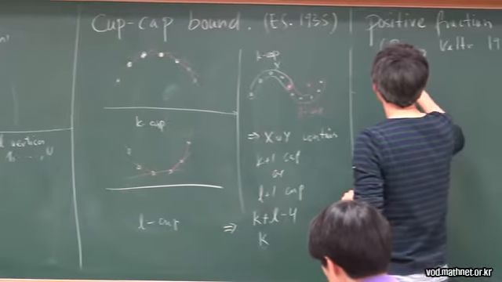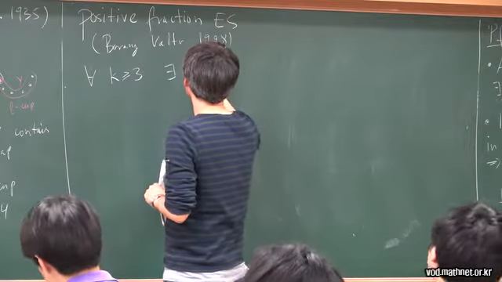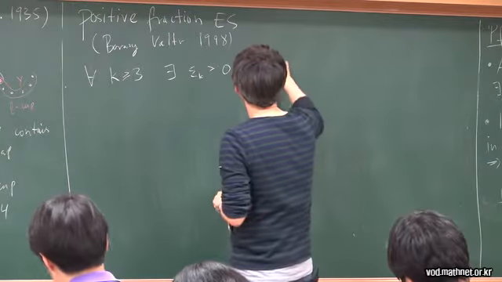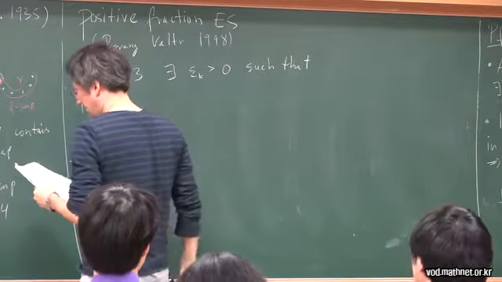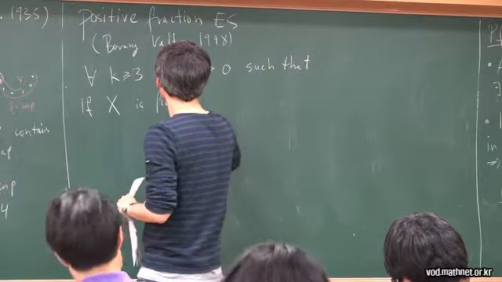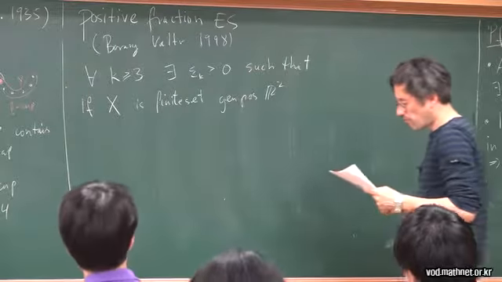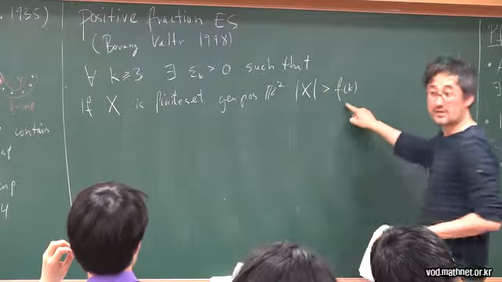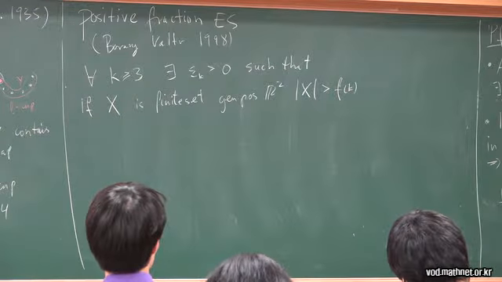For every integer k, say at least 3, there exists an epsilon, which is a positive real number, such that if X is a finite set in general position in R2, and let's say X is at least the Erdős-Szekeres function, so it's big enough so that it contains convex k-tuples.